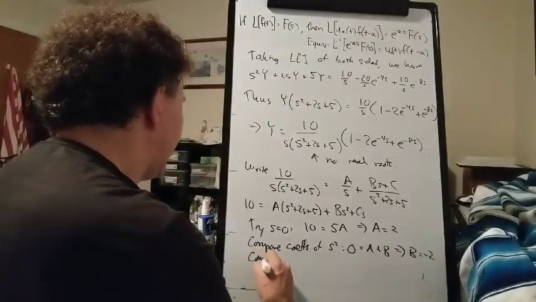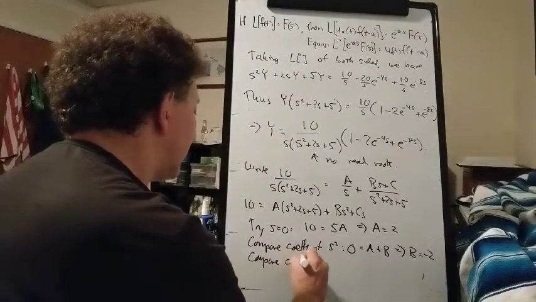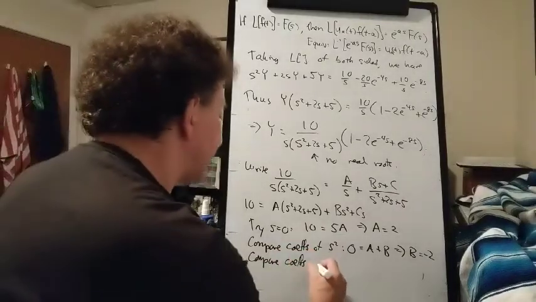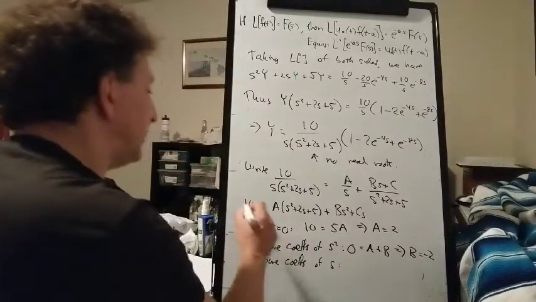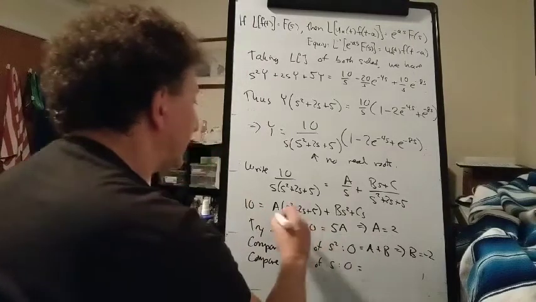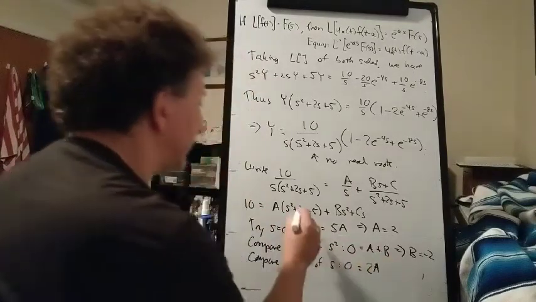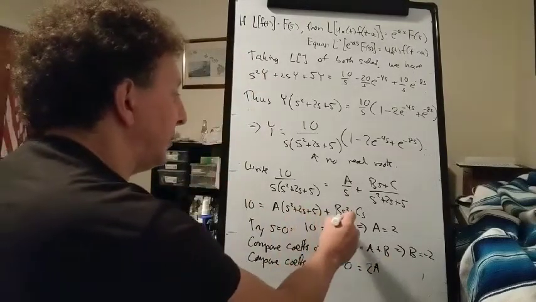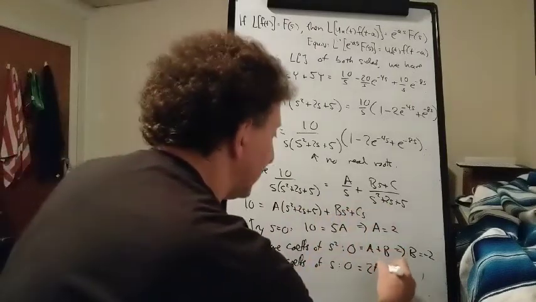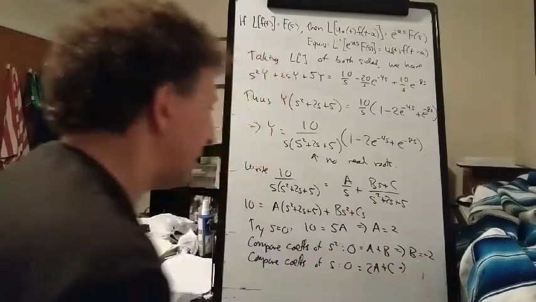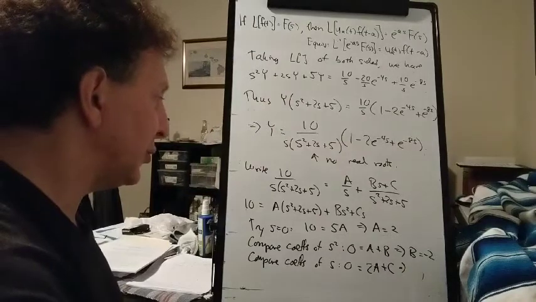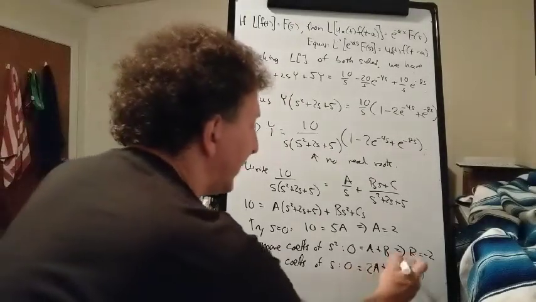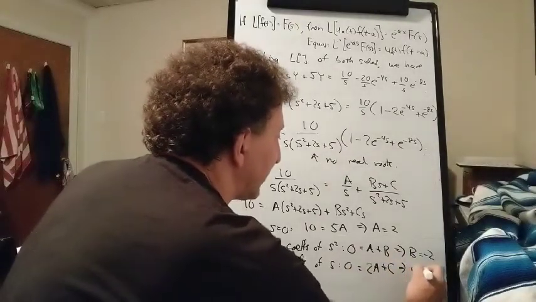And then if we compare coefficients of s, we have 0s on the left equals 2a s here, plus c times s. So if a equals 2, 2a is 4, and that means that c equals negative 4.